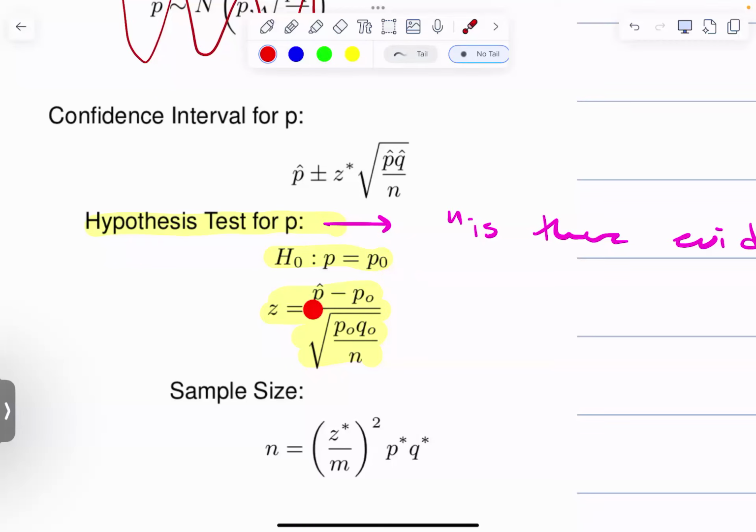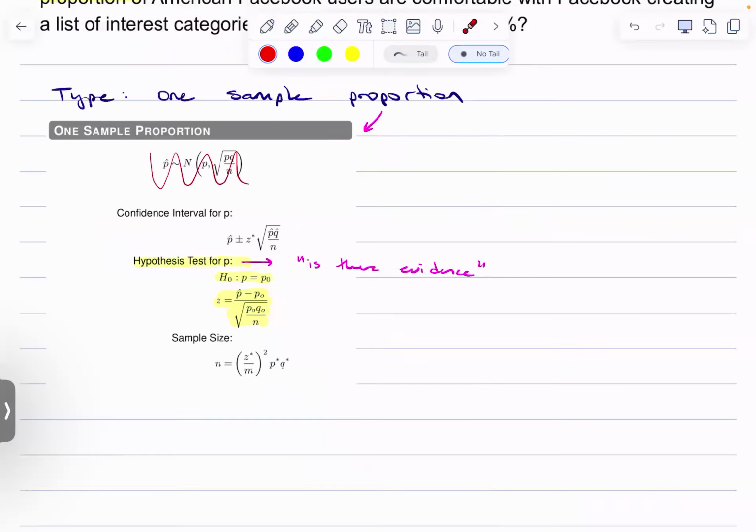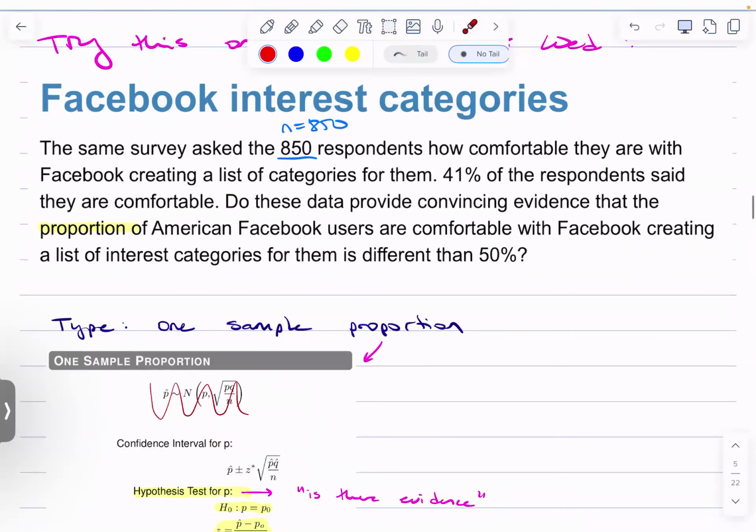I also need my sample proportion, but once I've decided my P naught, Q naught is just 1 minus P naught. So again, I already have that. And we already found N. So really all I need here is my P hat and my P naught and my N.